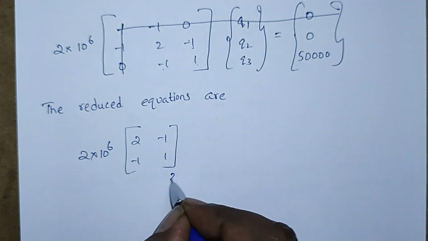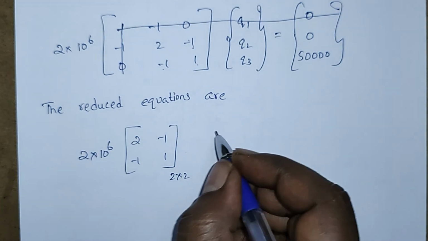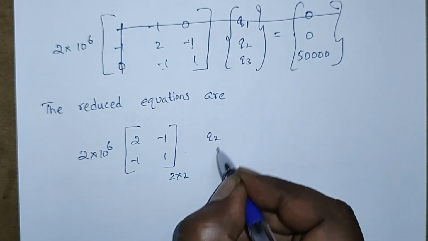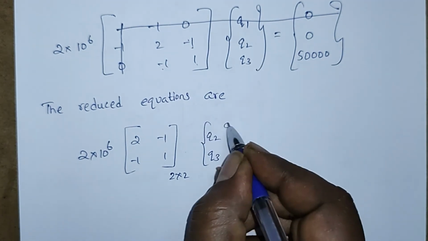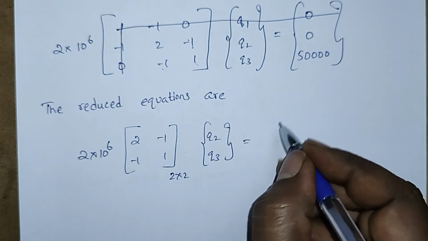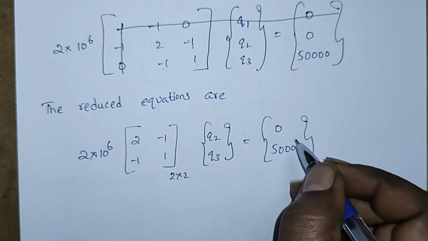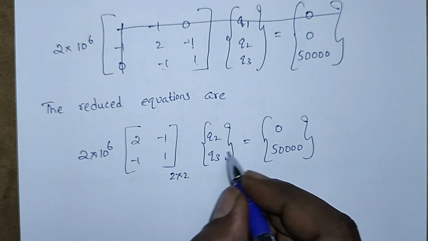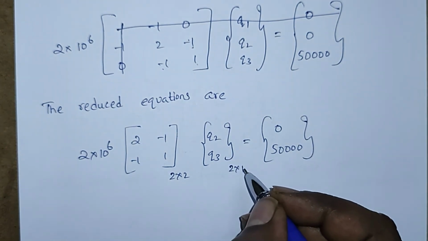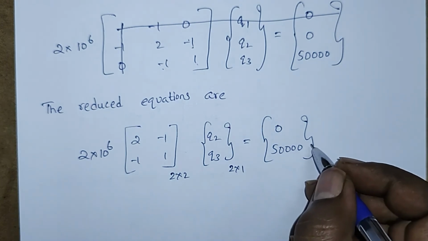Now it is reduced to a 2 by 2 matrix, with q2 and q3, and 0 and 50,000. So this is a 2 by 1 matrix, and this is a 2 by 2 matrix.